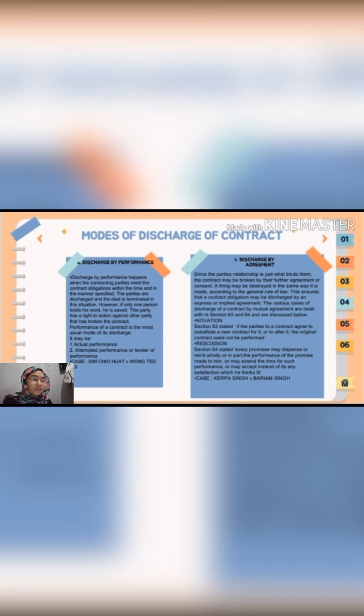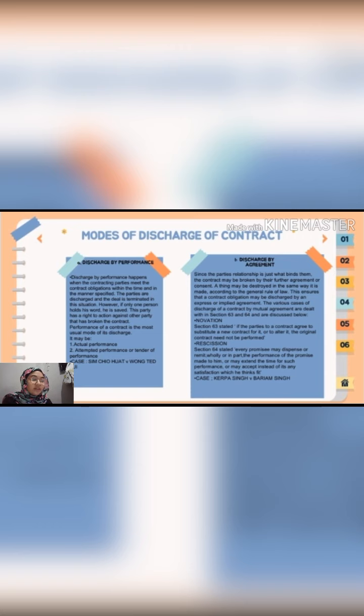Section 56, subsection 1 states, when a party to a contract promises to do a certain thing at or before a specific time, and the contract or so much of it has not been performed, it becomes voidable at the option of the promisee, if the intention of the parties was that time should be of the essence of the contract.